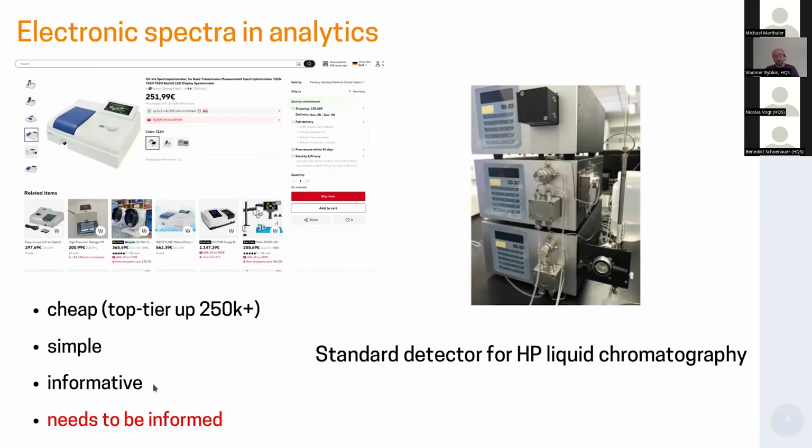They provide quite a lot of information, but maybe not excessive. You will see why from the line shapes. And it needs to be informed with good physics or quantum chemistry. An important thing here is that UV blocks are used as standard detectors for high-performance liquid chromatography. So if you are working in the lab, you may have seen this.